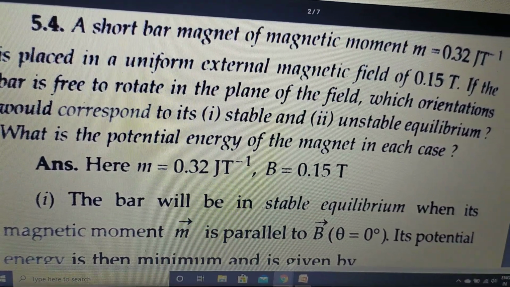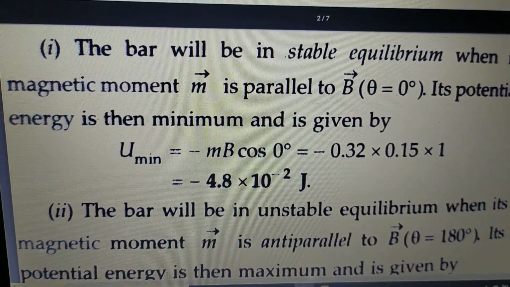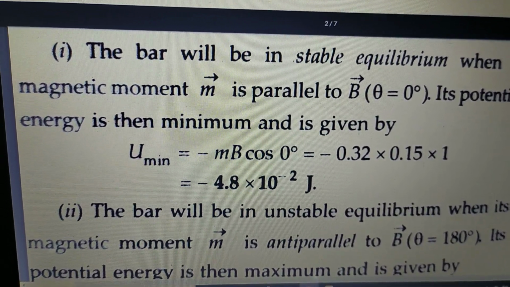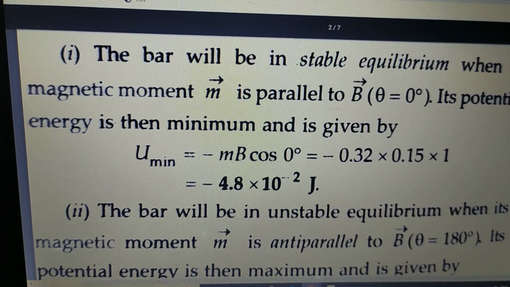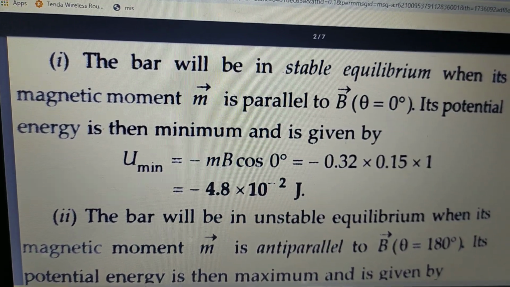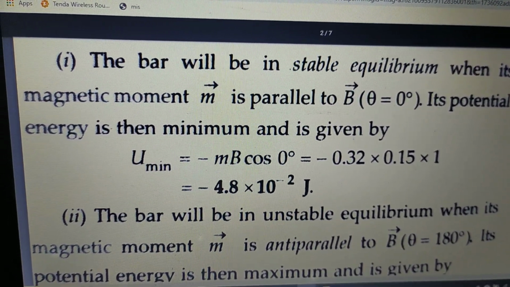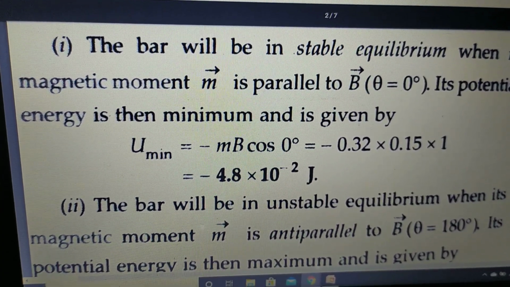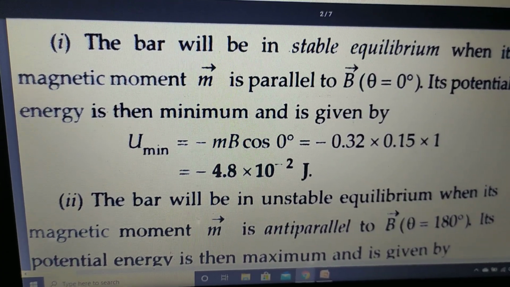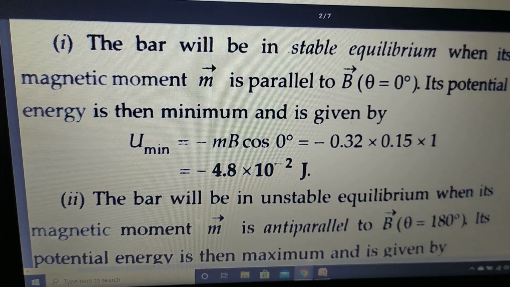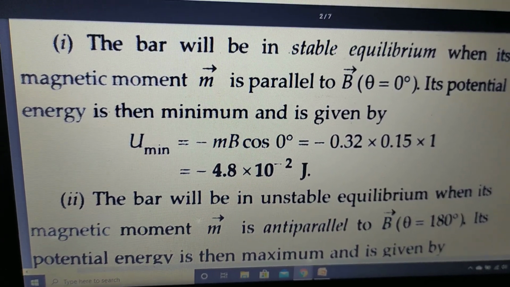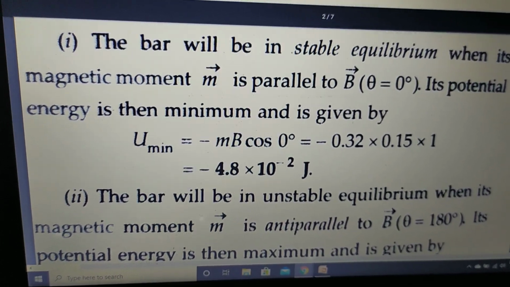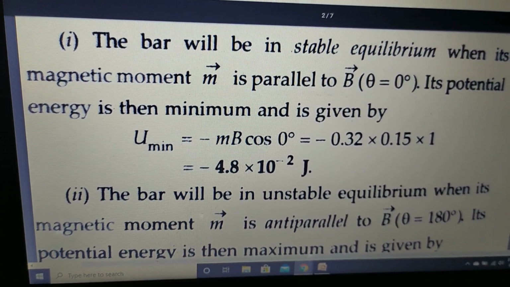Now let us see the first part of the question. We want to find the orientation corresponding to the stable equilibrium and also its potential energy. When the bar magnet is in stable equilibrium, its magnetic moment and the magnetic field direction are parallel to each other.